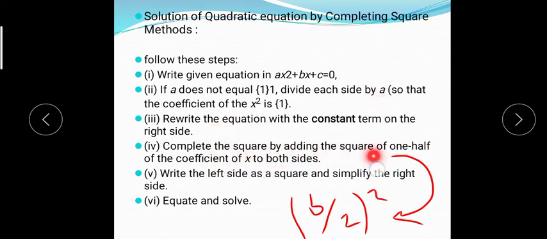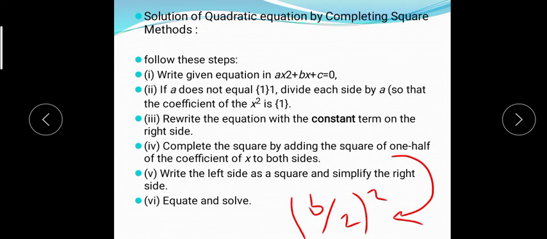Complete the square by adding the square of 1/2, meaning b divided by 2 whole square, to both sides. Then write the left side as a square and simplify the right side, and then by equating, you have to solve the equation.